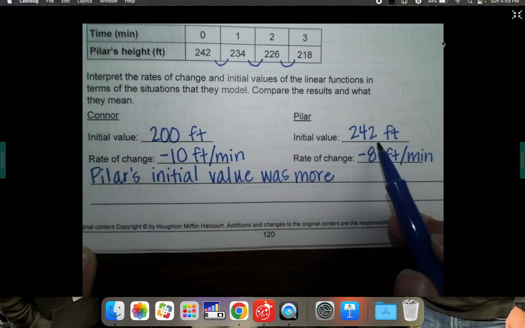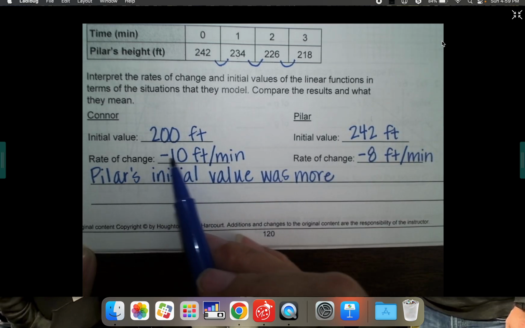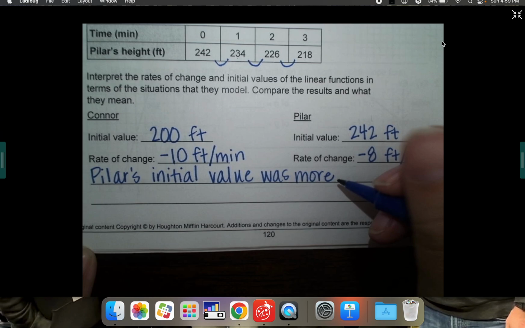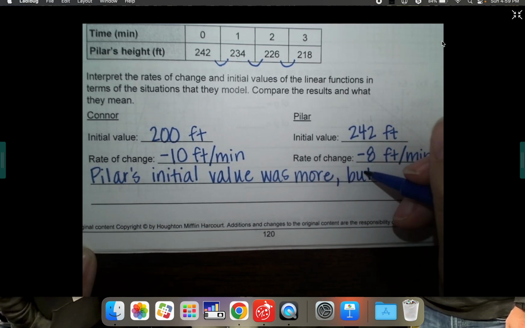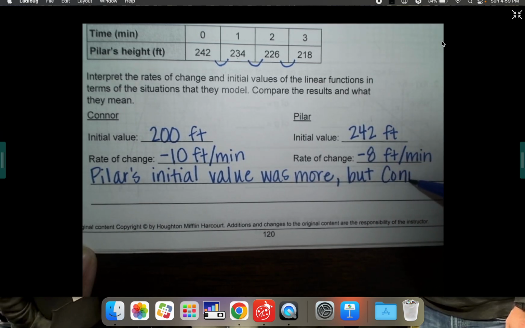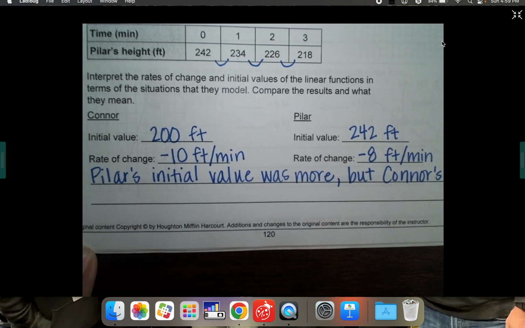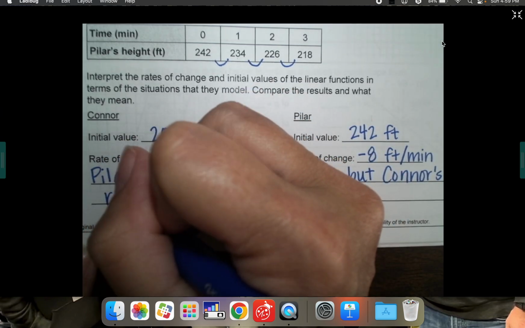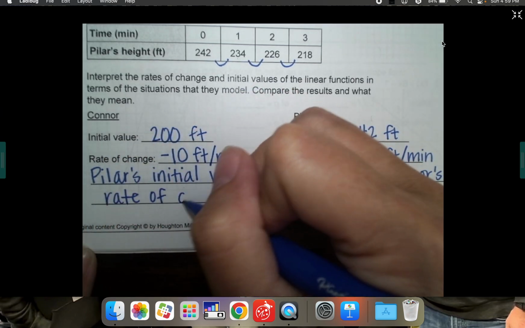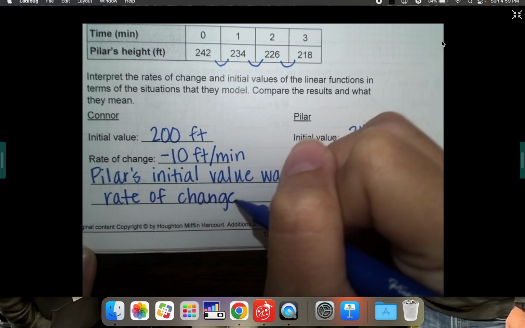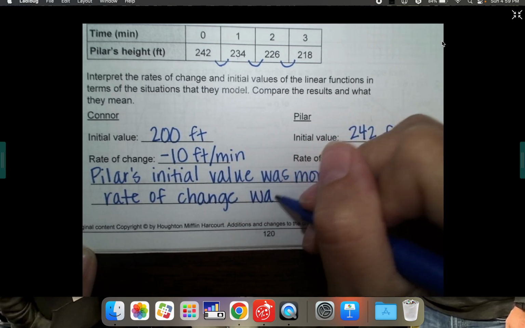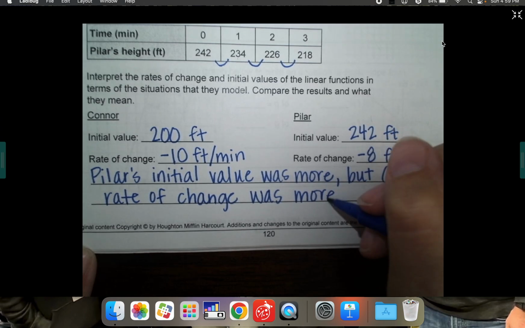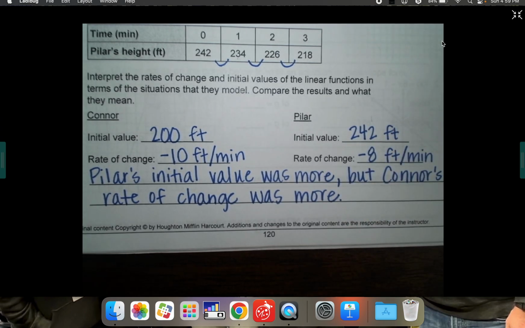But I would say, though, that Connor's rate of change was more. So actually, we would need to continue this out because even though Pillar started up higher, he's climbing down at a slower rate.